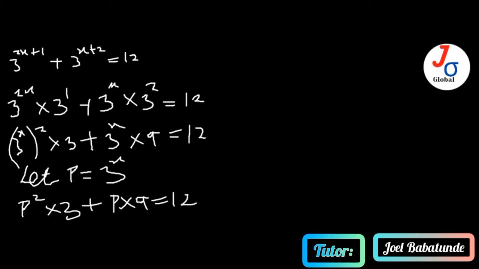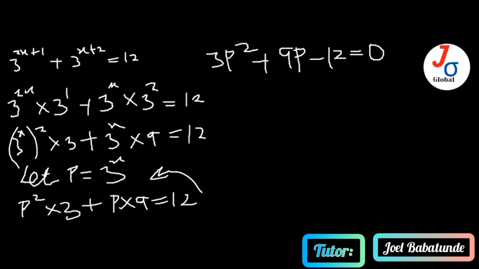Okay, so if that's the case, then I have 3p squared plus 9p. So I'm going to bring this 12 to this other side. It becomes minus 12 equals 0. Since this is multiple of 3, I could factor out 3 and say 3 into p squared plus 3p minus 4 equals to 0.